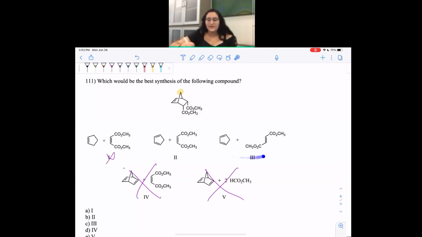You're stuck between these two. The answer is B, because these two groups are pointing the same direction, so we had to have a cis product. A cis dienophile gives a cis product. So 2 is correct. Someone said it, they're tricking you between cis and trans to see if you know your stuff.